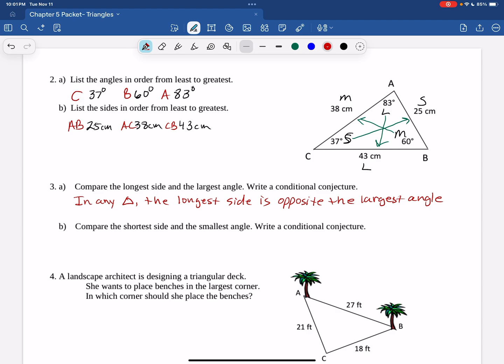And then we can also say in any triangle, the shortest side is opposite the smallest angle.